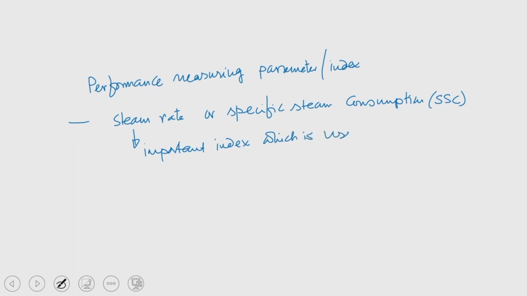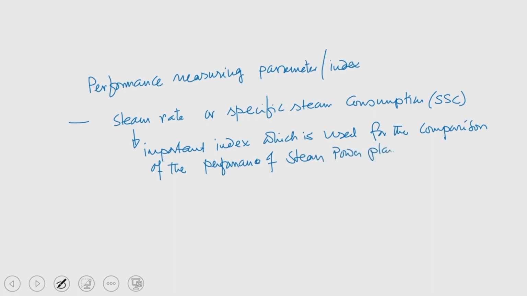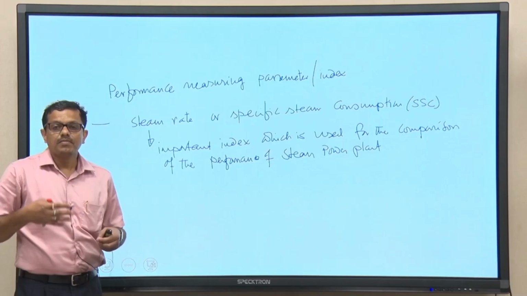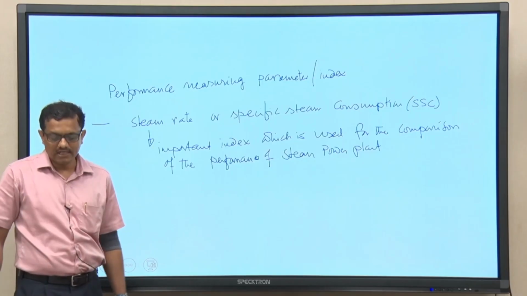So, this is an important index which is used for the comparison of the steam power plant. What is that? It is the mass flow rate of steam per unit kilowatt power developed.